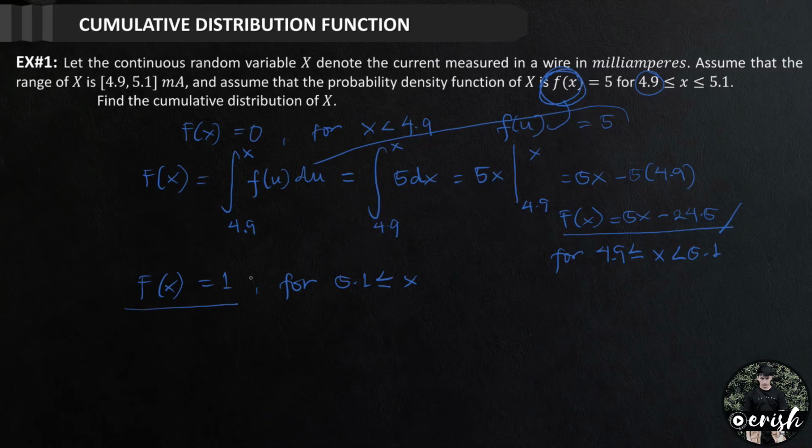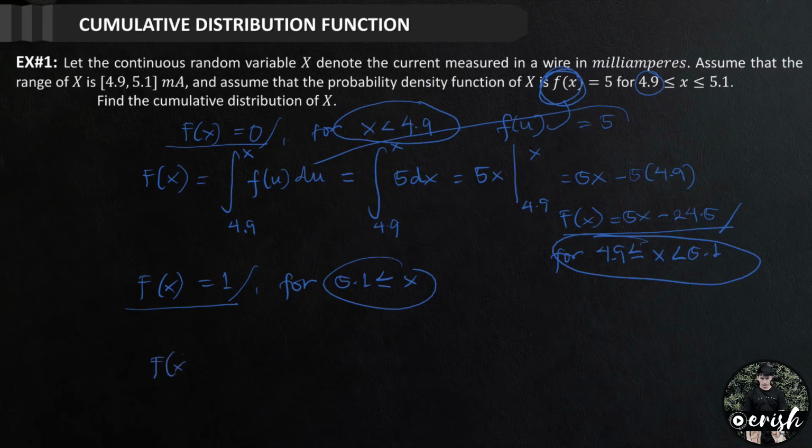Ito yung ating main values na ilalagay sa cumulative distribution function. So, creating the cumulative distribution function, we have f of x equals, starting from 0 to this function, 5x minus 24.5, to this function, we have 1.